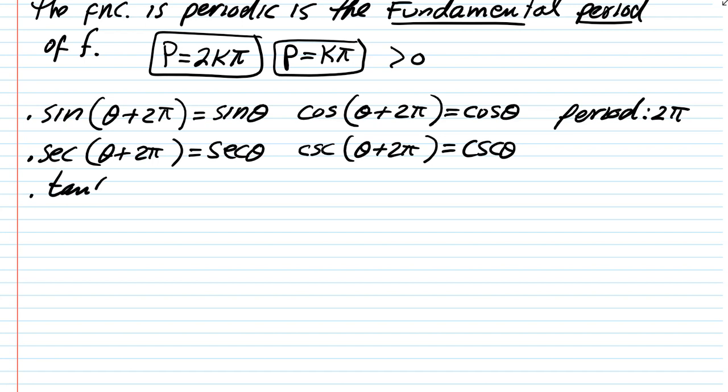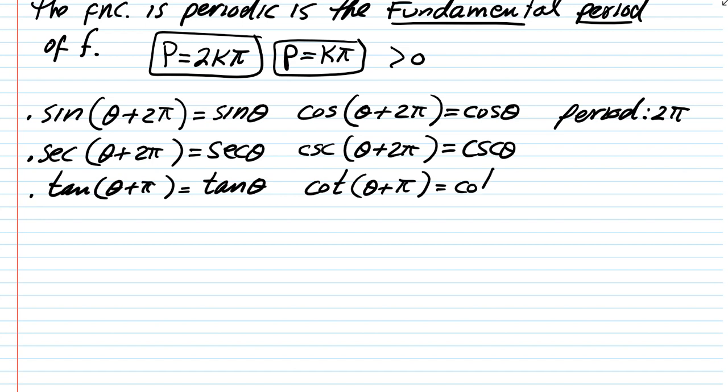Now for tangent, theta plus pi, not 2 pi, gives you tan theta. That means the period of tangent, and so of cotangent, is each pi.